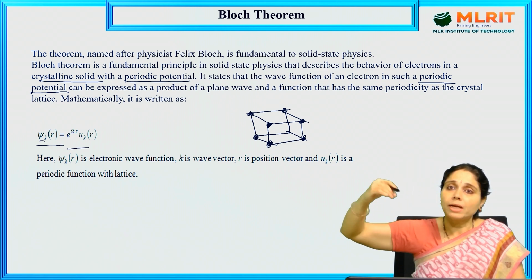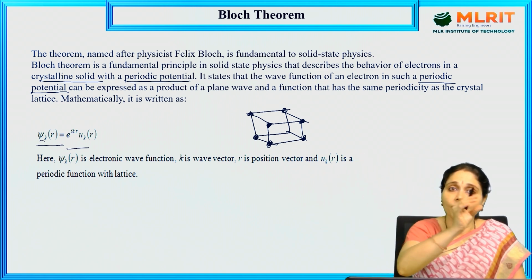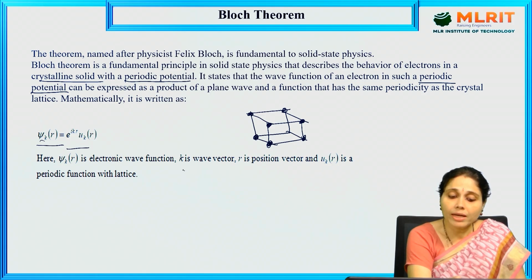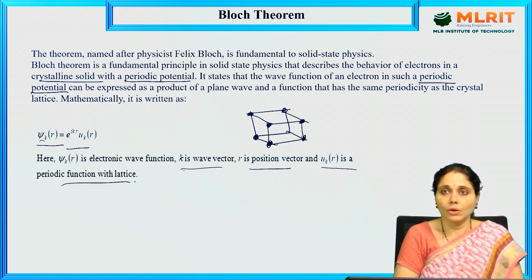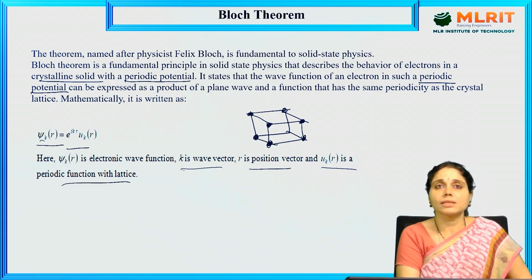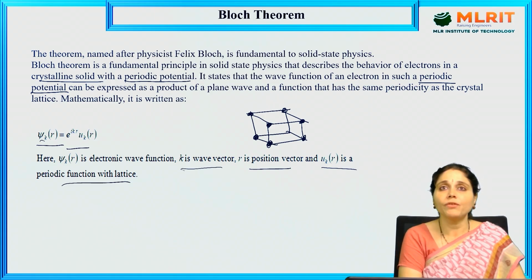Here k is the wave vector, r is the position vector, and u_k is a periodic function within the lattice.